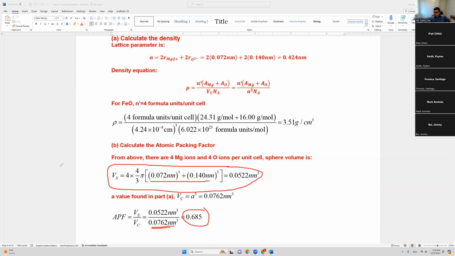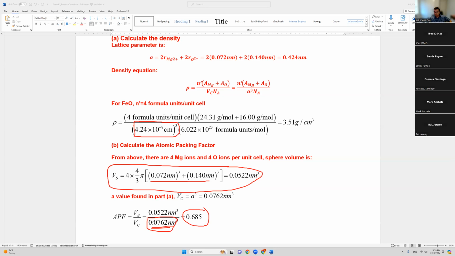Question: why is the total volume different from part A? Is it different? How is it different? So in part A, this is the volume, and in part B, this is the volume.